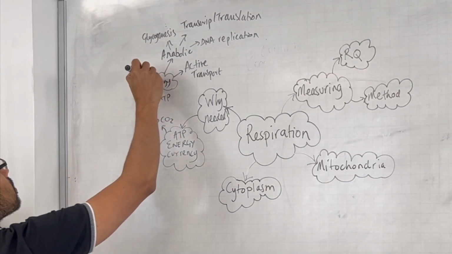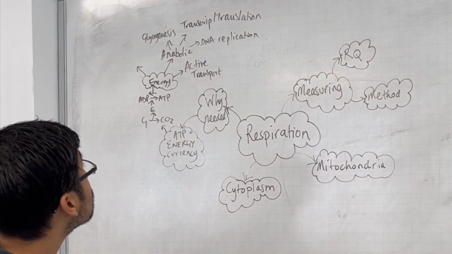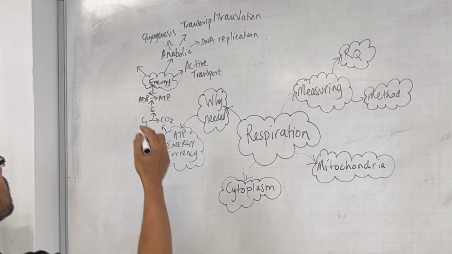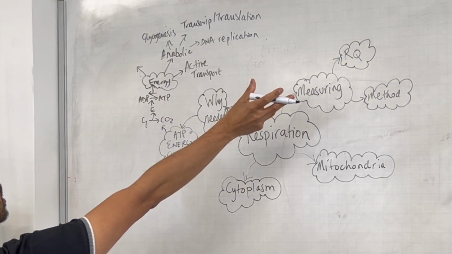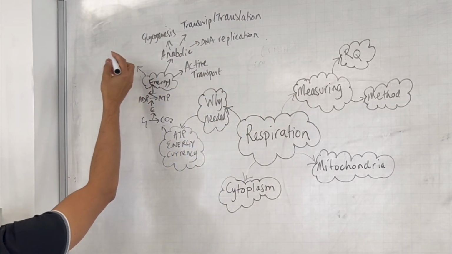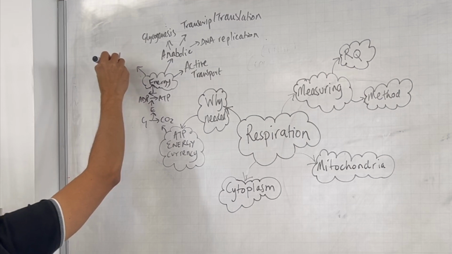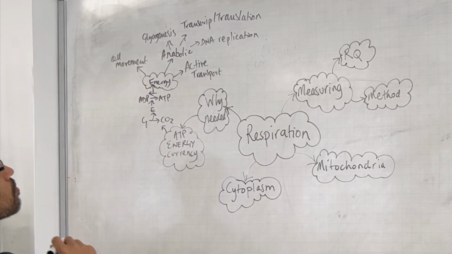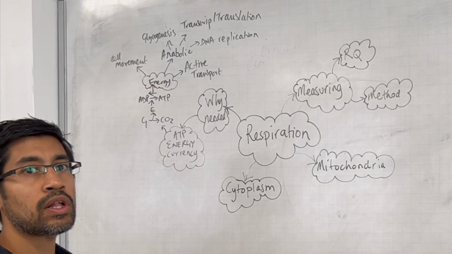Other energy requiring processes that we should be familiar with, though at that time we might not really have thought about it in these terms. Movement, right? So we're talking about things like cell movement, cell shape changes.